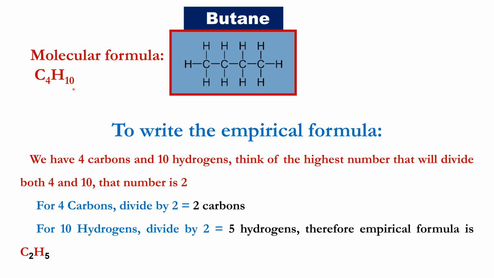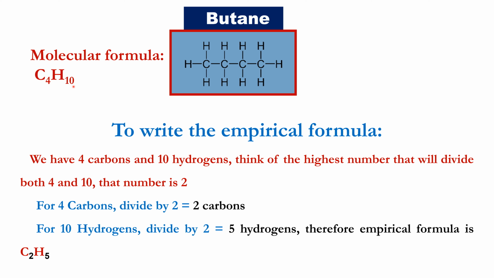We look at the subscripts. Here we have 4 for carbon and for hydrogen we have 10. What is the highest number that can divide both? The highest number that can divide 4 and 10 is 2. So for 4 carbon atoms, we divide by 2, we get 2 carbons.